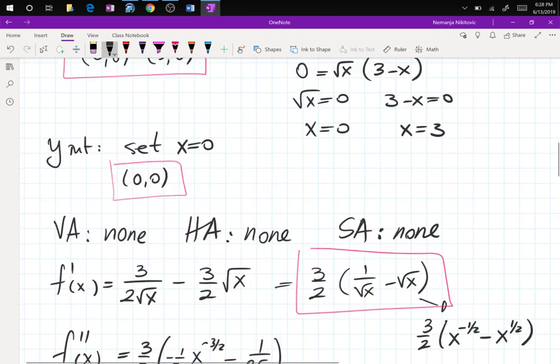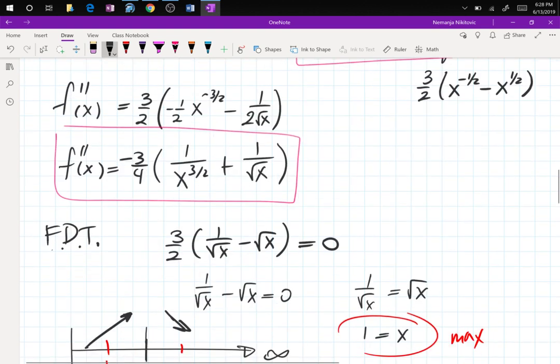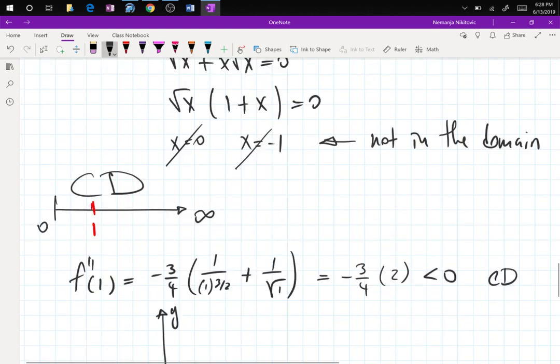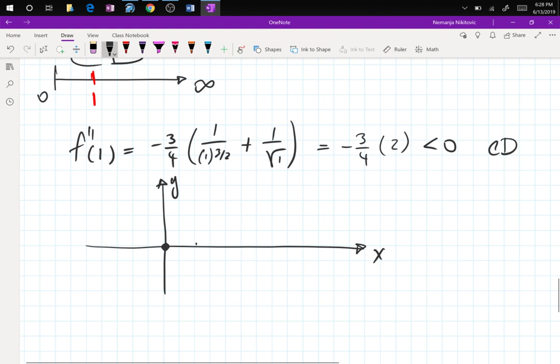Another one was 3, 0. So these are my x-intercepts at 0 and 3. And then we have a max at x equals 1. But I never computed the y value for 1.